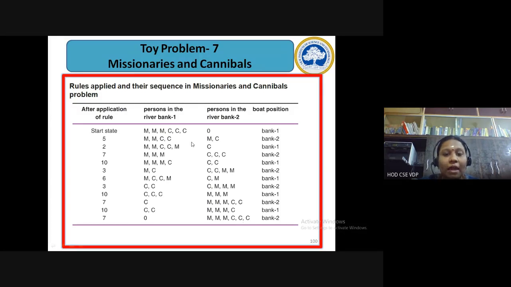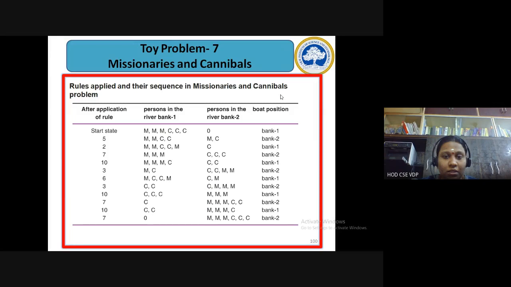You have only 1 boat, and the rule says only 2 people can travel in 1 boat. It can be 1 missionary or 1 cannibal, or 2 missionaries together or 2 cannibals together. So any combination is possible. But there's one more constraint, which says that on a bank, the cannibals cannot outnumber the missionaries, that is, twice the number of cannibals cannot be left with 1 missionary.